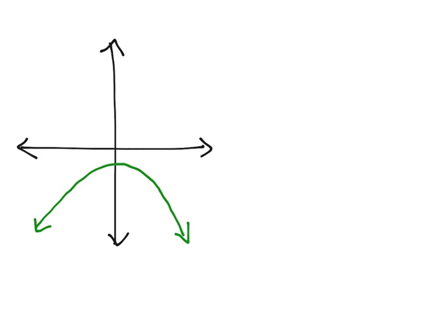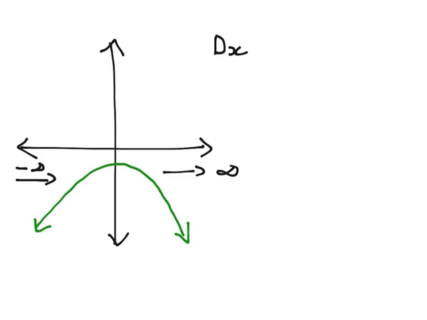If we are dealing with a parabola, we can ask ourselves the same question. What is the domain, or in other words, what is the set of possible x values that this function can have? And again, we can have any x value from negative infinity right through to positive infinity.